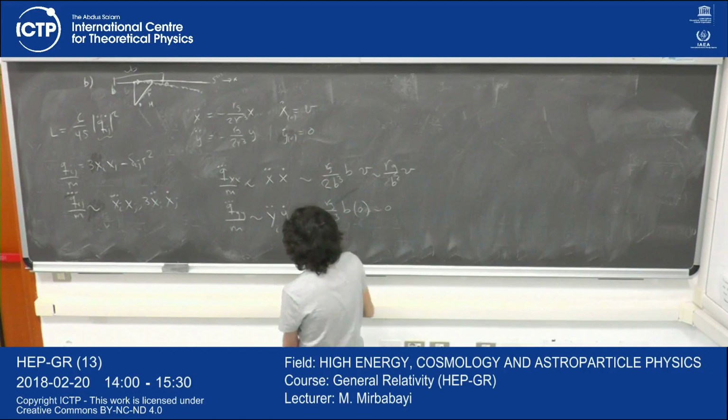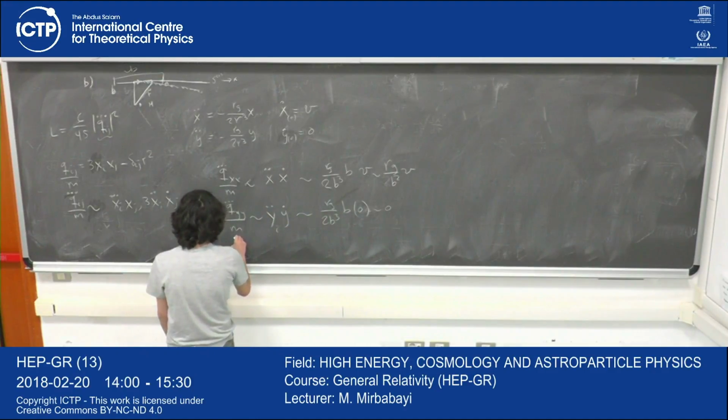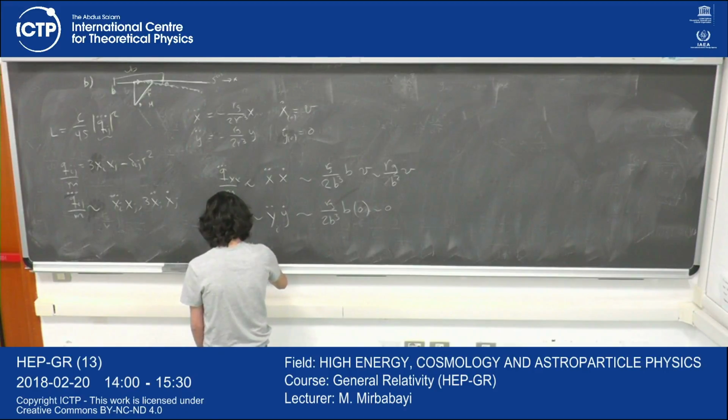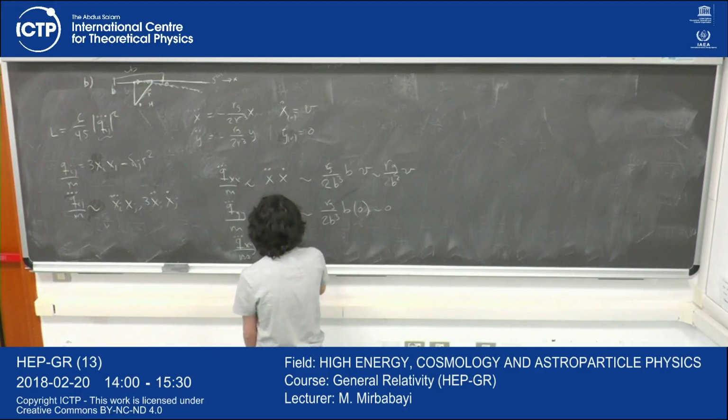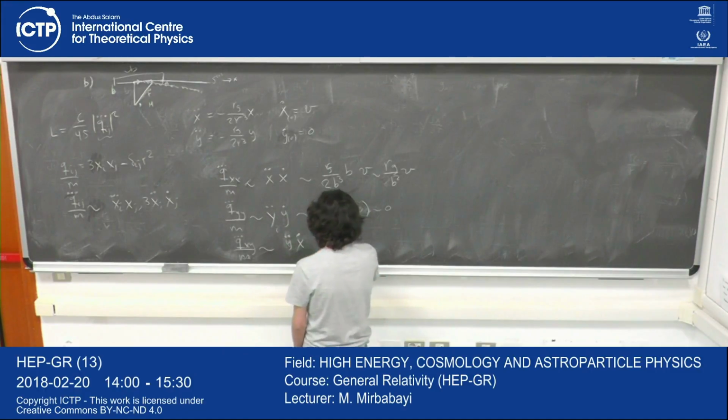And we also have the cross term. So this will go like this, and the other one is 0, the other cross term.